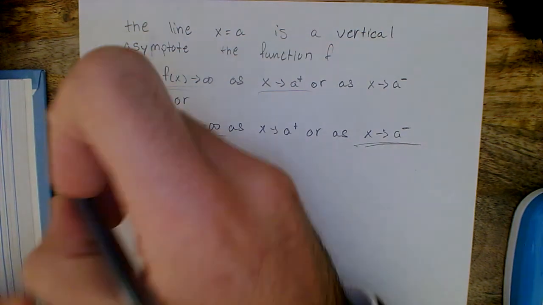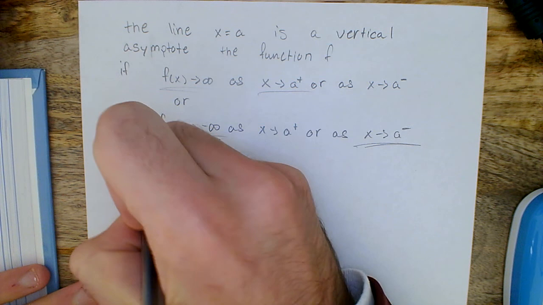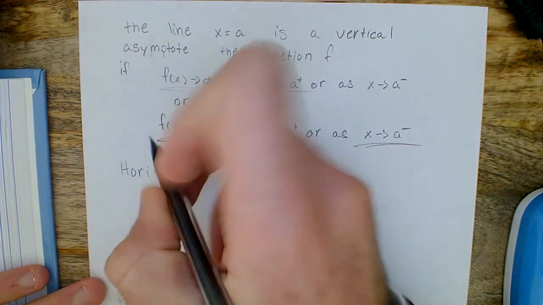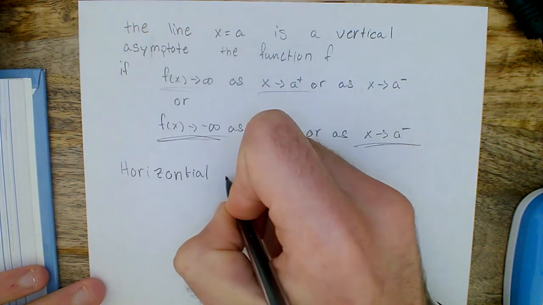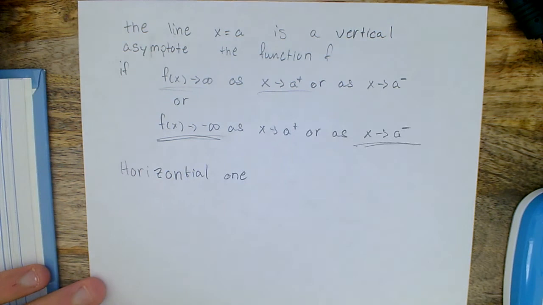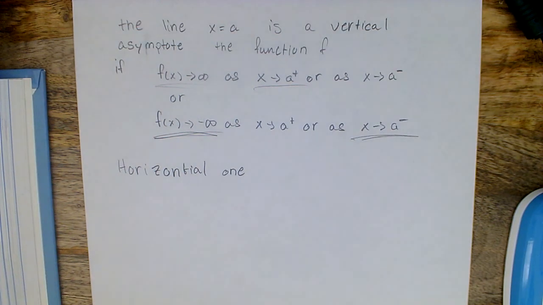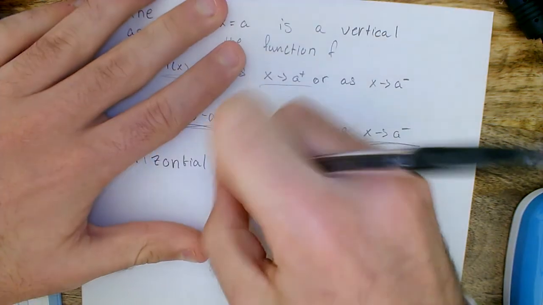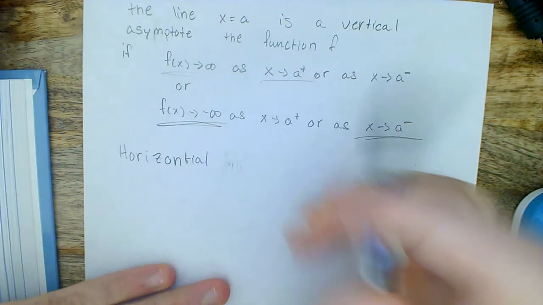So now let's describe a horizontal one. Horizontal asymptote.